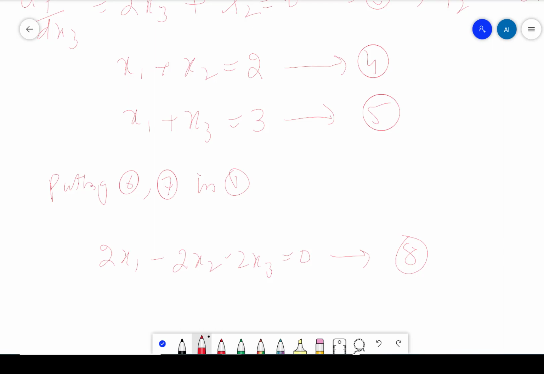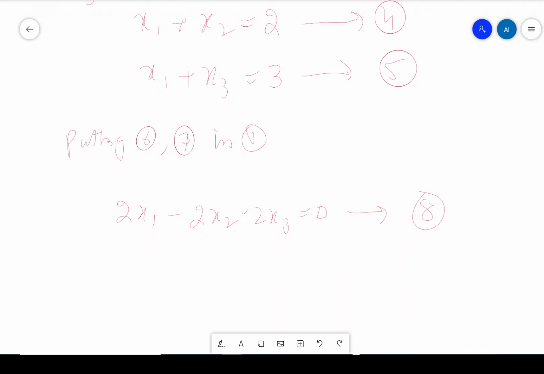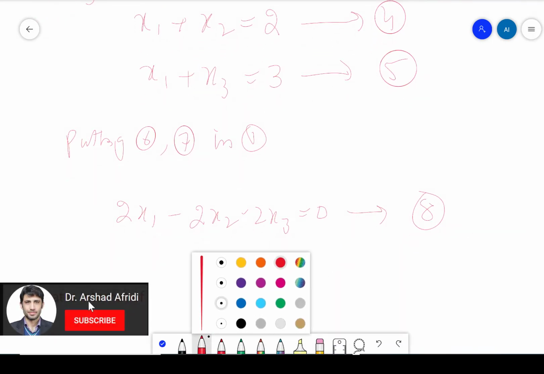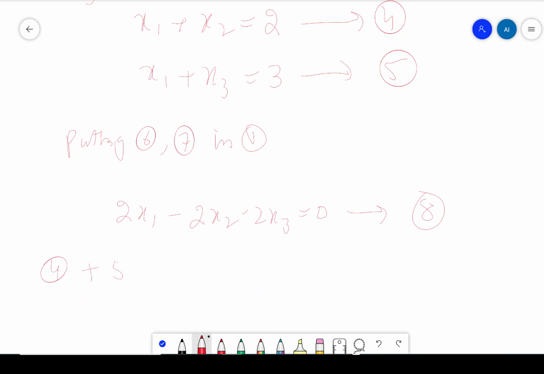So let's add equation 4 and equation 5. Equation 4 plus equation 5, let's add them.